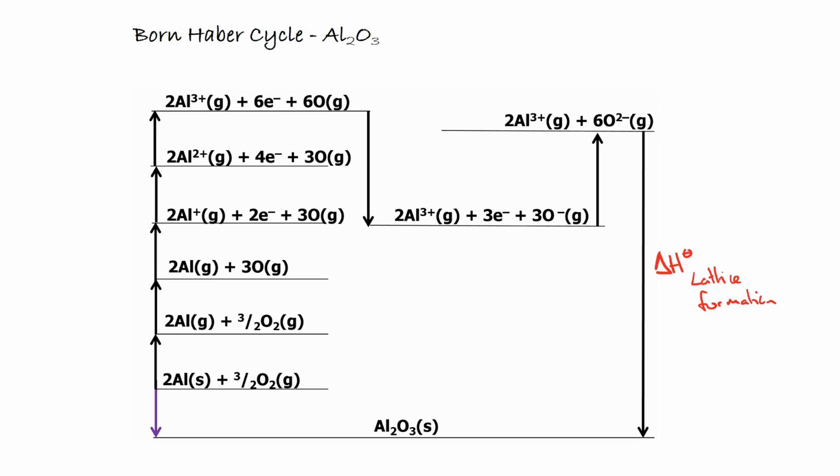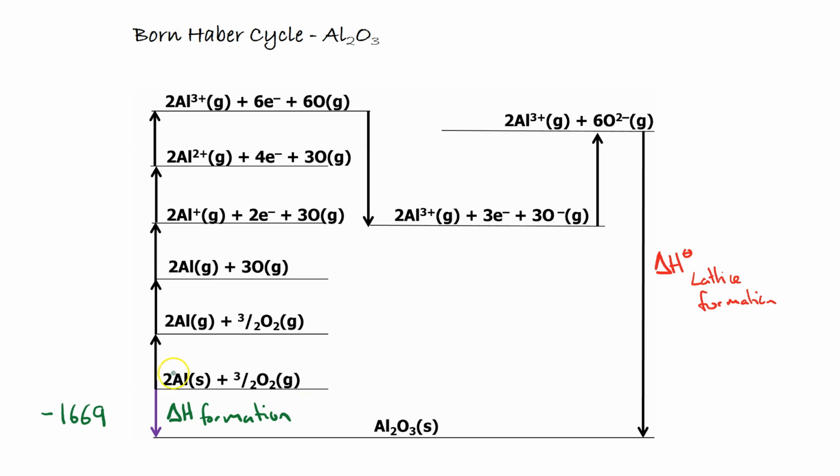So the first step here is once again the enthalpy of formation for aluminium oxide, and this has got a value here of minus 1669. The second step then, we now have aluminium solid and 3/2 O2 or 1.5 oxygens.